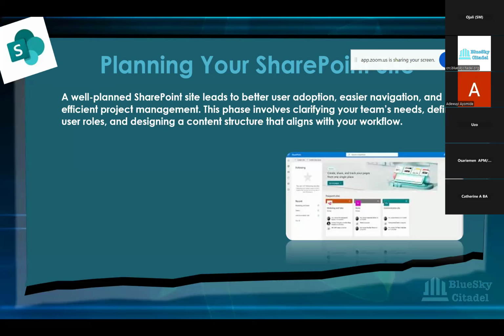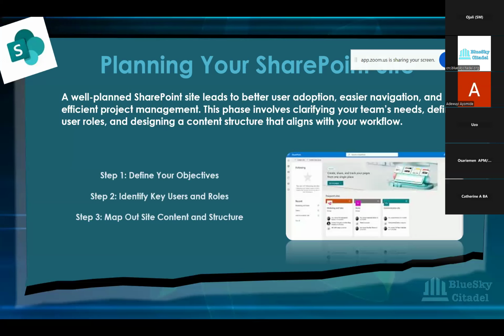So you have to understand what your team's needs are, and understand your user roles, because every role will have its own folder and document library, okay? And what the structure will be, right? So define what your objectives and goals are, identify who the key users are and what their roles will be. Then you map out what your site is going to look like and how it's going to be structured.